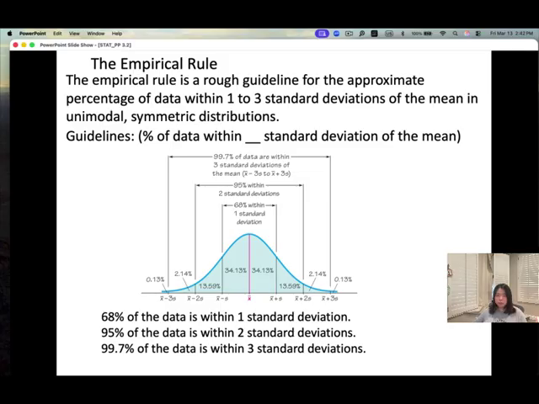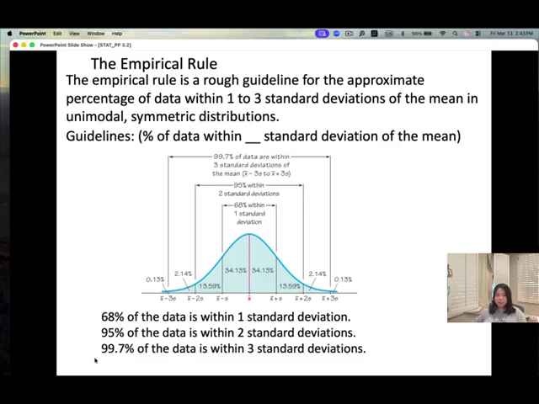And then about 95% of the data is within 2 standard deviations, talking about the mean plus 2 standard deviations and the mean minus 2 standard deviations. So like here, including the 68%, about 95% of the data falls within the 2 standard deviations.